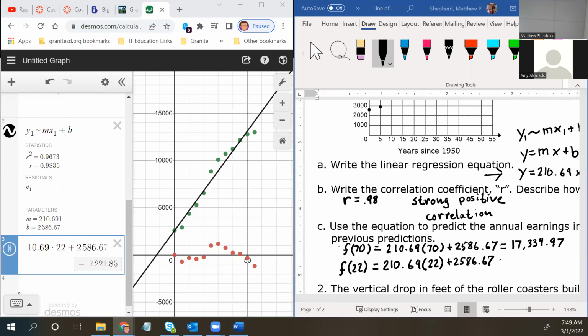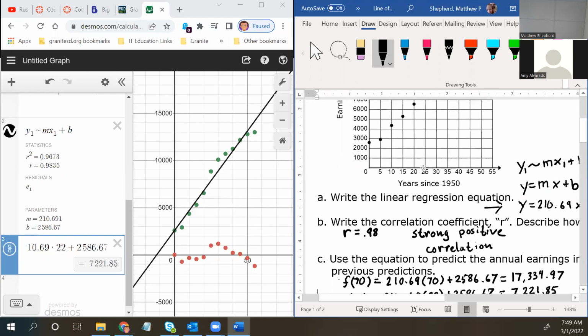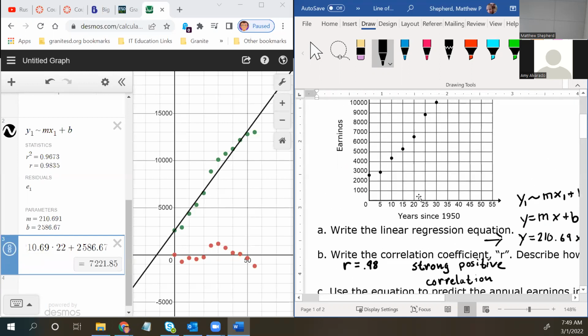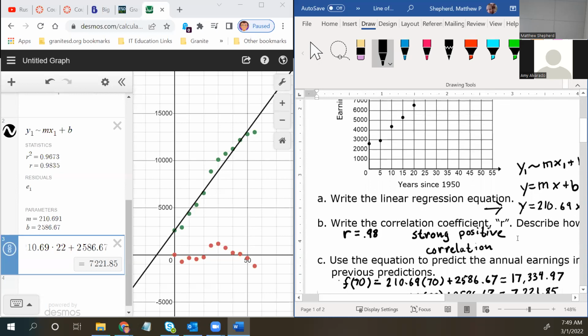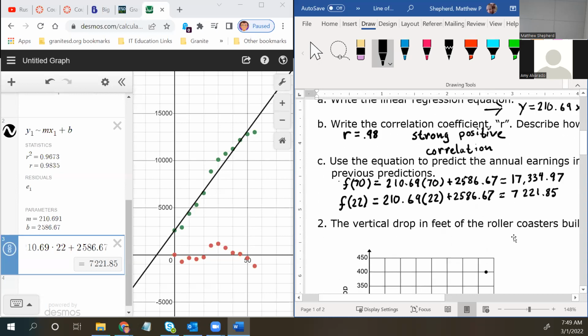Goes nice and fast. We get $7,221.85 as the annual income of a minimum wage worker in 1972. If we take a look at our graph, 22 would be about in there, and 7,300 looks about right as to what we'd expect was probably common at that time.